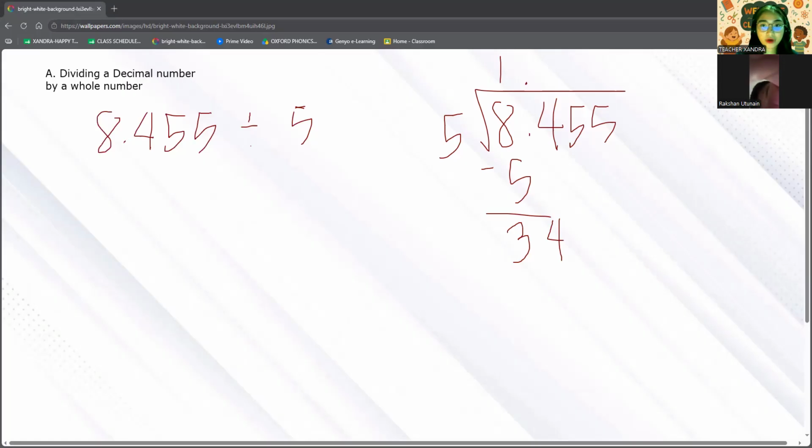Okay, 6. 6 times 5 is 30. And then 34 minus 30.